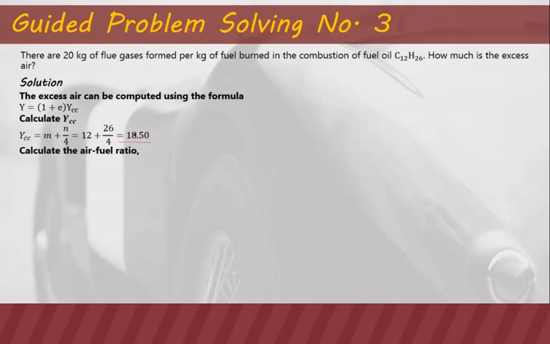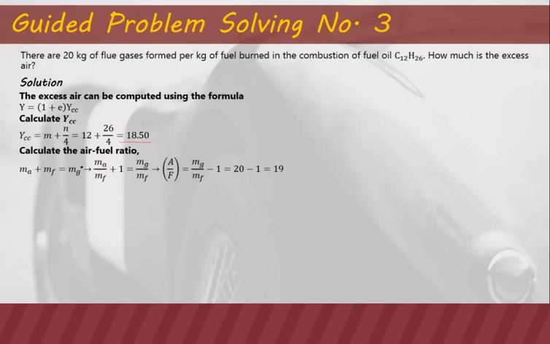And then, since we cannot determine directly the value of y yet, we'll have to use another variable that may lead us to y. And that variable is the air-fuel ratio. So how do we determine the air-fuel ratio?